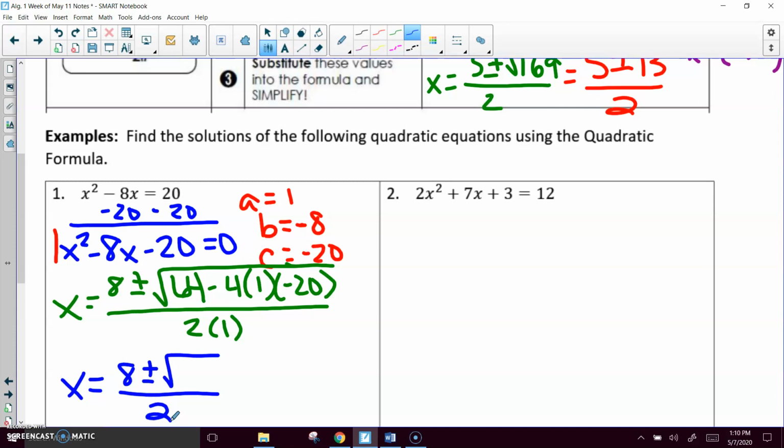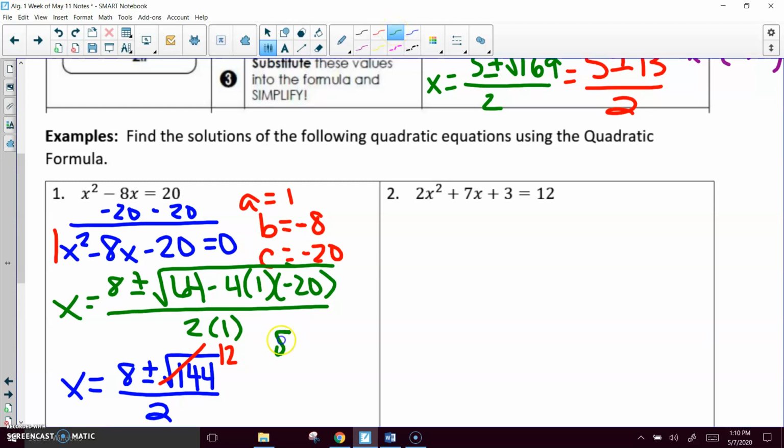Type that in your calculator. You should get 144. Do we know the square root of 144? By golly, we do. The square root of 144 is 12.